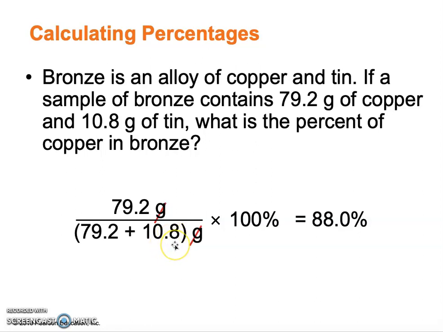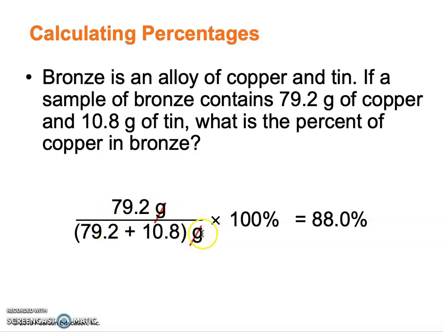The mass of this sample contains both the mass of copper and the mass of tin. So the sum of copper and tin would be the mass of the sample. Then the ratio, the mass of copper over the mass of the sample multiplied by 100%, gives you the percentage of copper in this sample.